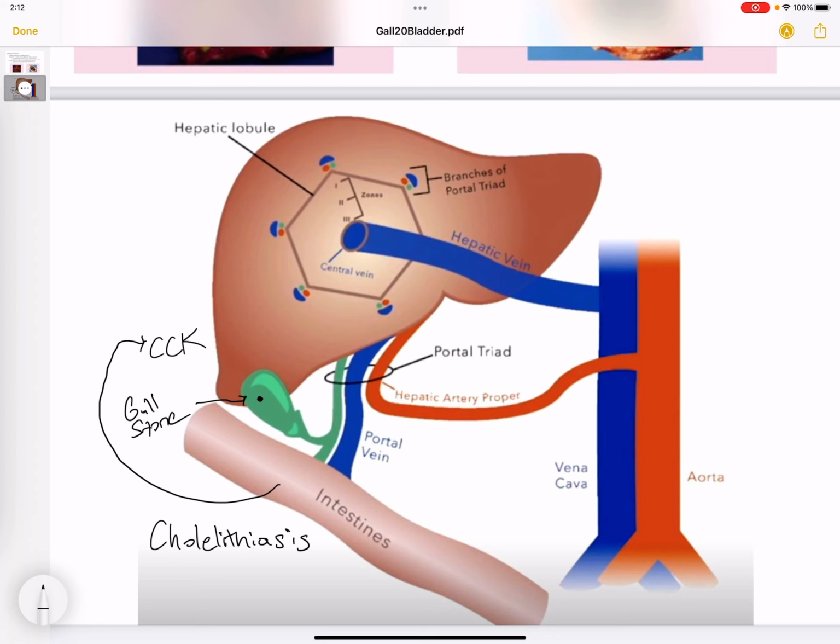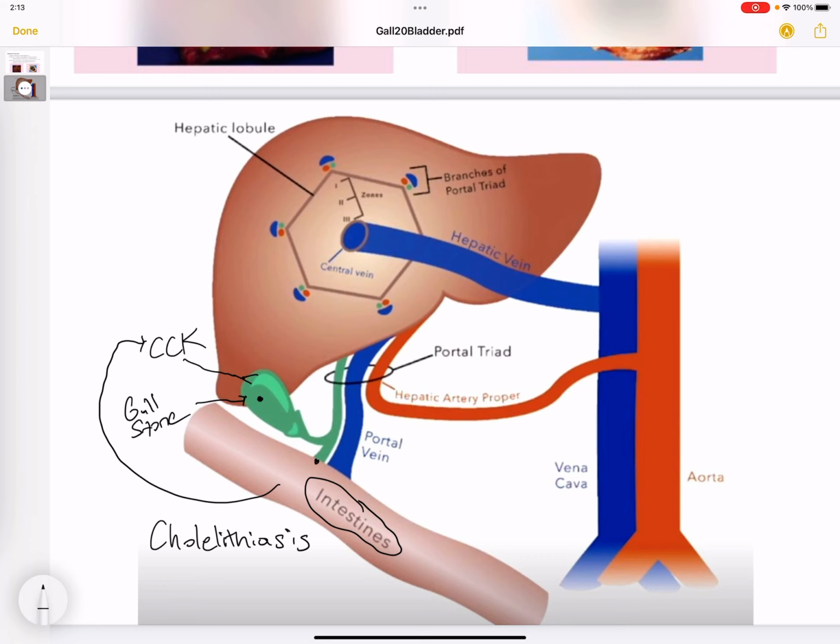What the CCK does is it is going to contract our gallbladder to release bile. There's also a sphincter in our intestines called the sphincter of Oddi that is going to relax at the same time. So CCK is going to contract our gallbladder, and it is also going to relax that sphincter of Oddi so bile can move into our intestines.